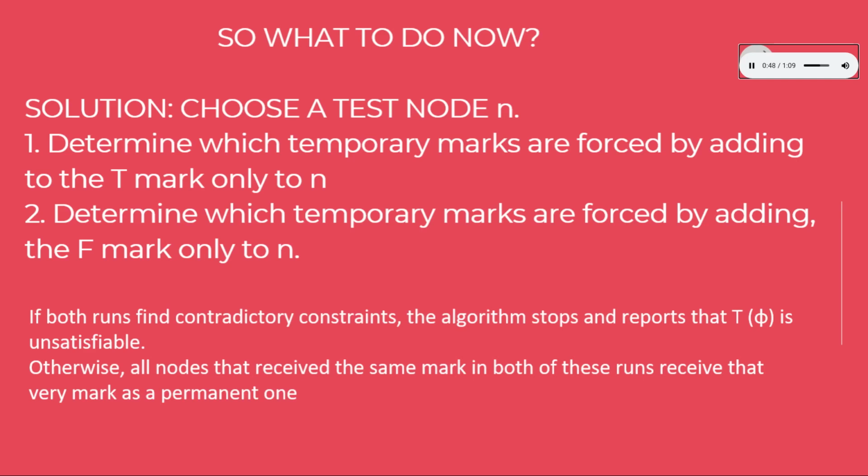If both runs find contradictory constraints, then the algorithm stops and reports that phi is unsatisfiable. Otherwise, all nodes that received the same mark in both of these runs receive that very mark as a permanent mark.